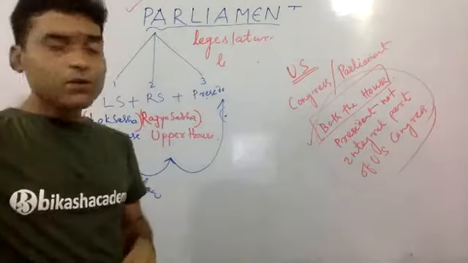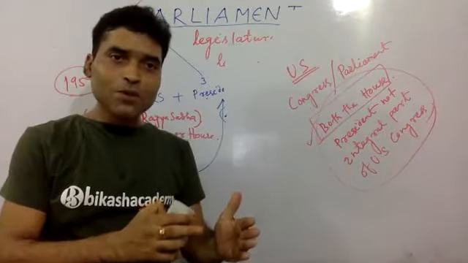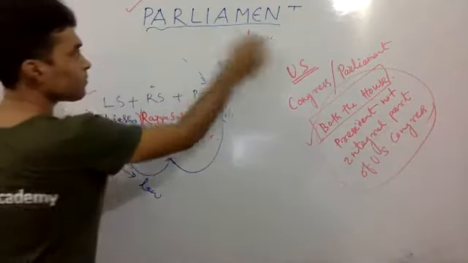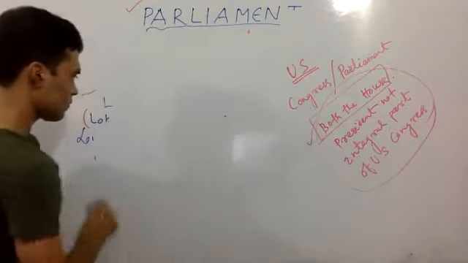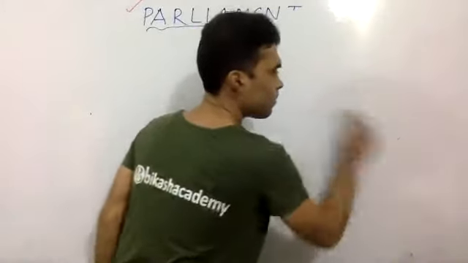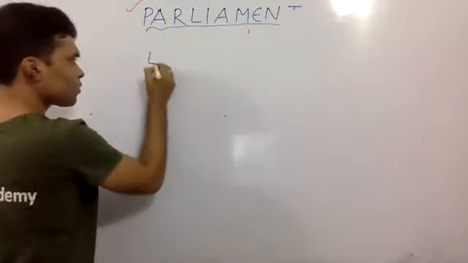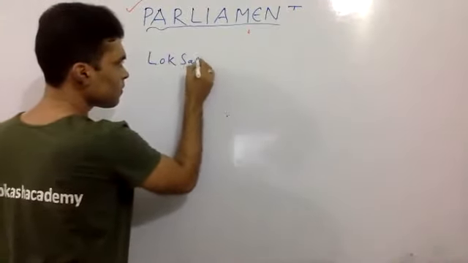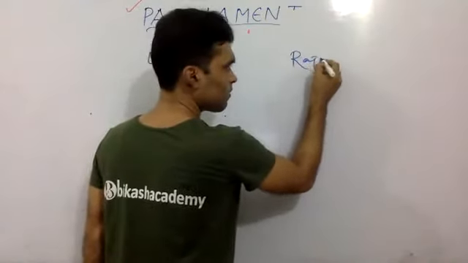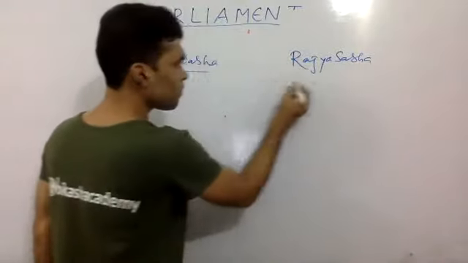Now we'll talk about the composition of Lok Sabha and the composition of Rajya Sabha. You see, we have Lok Sabha. We have also Rajya Sabha. Now we'll talk about the members.